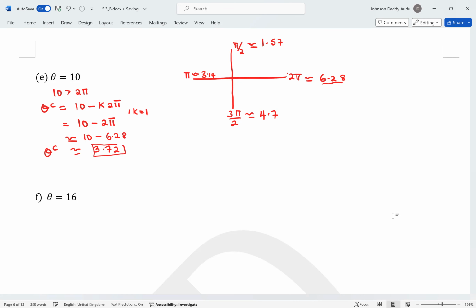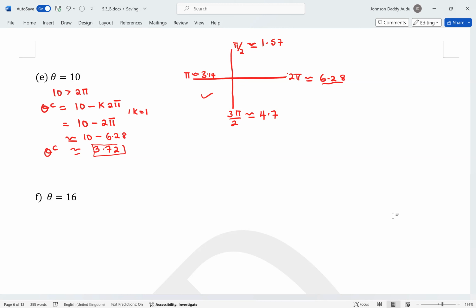But now if you look at this number which we have, in which quadrant is it? 3.72 approximately, definitely is not in the fourth quadrant. It's going to be in the third quadrant, right? Okay, yeah.